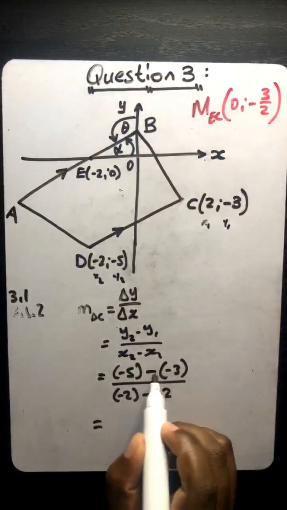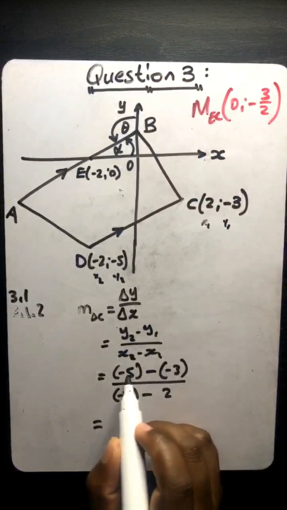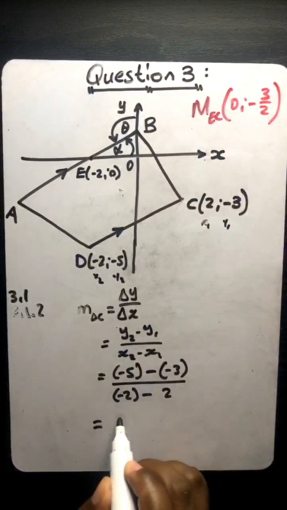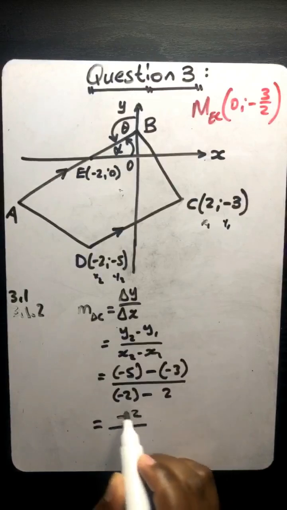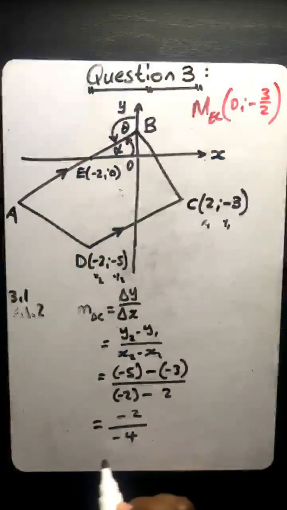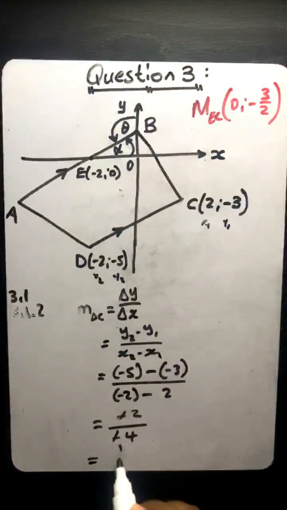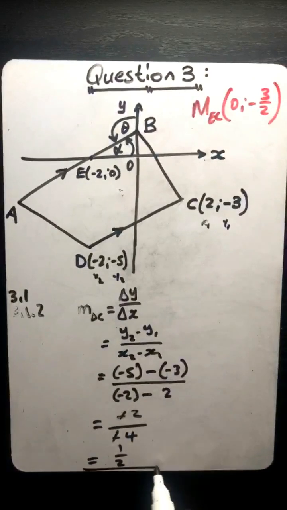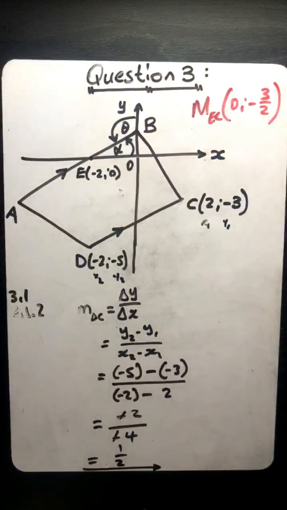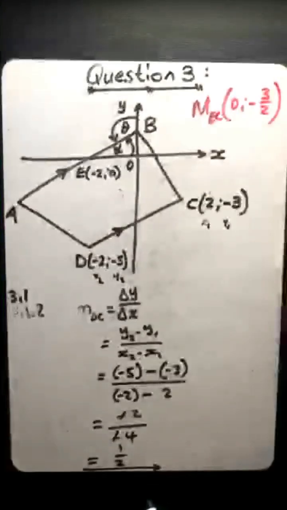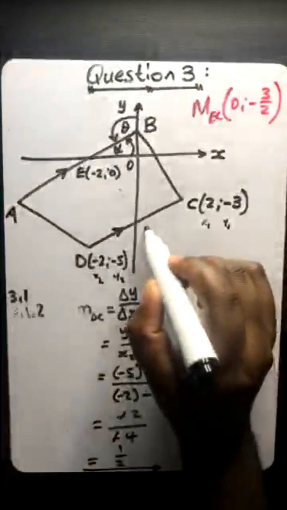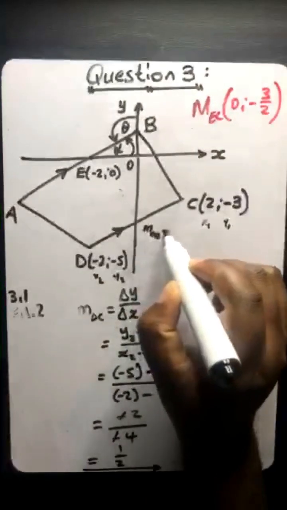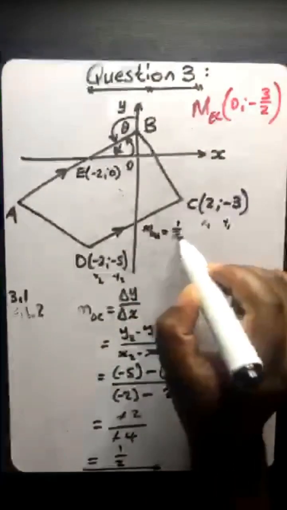I think this is positive, and then that plus that, you end up getting -2 there. And then I think this is -4, which ends up being a positive half. Is this what you guys are getting on that side? Yes, 100%, meaning the gradient of CD equals positive half.